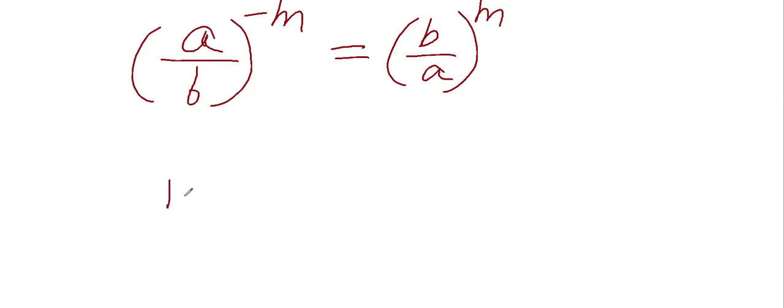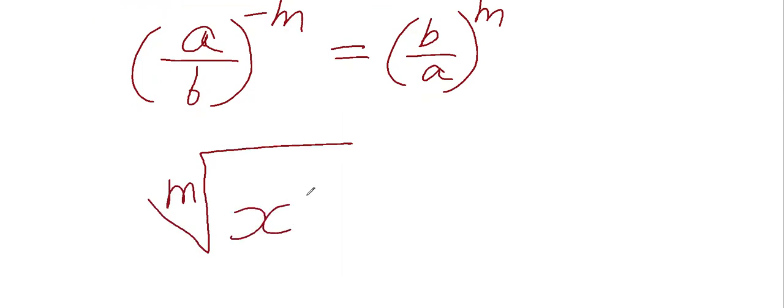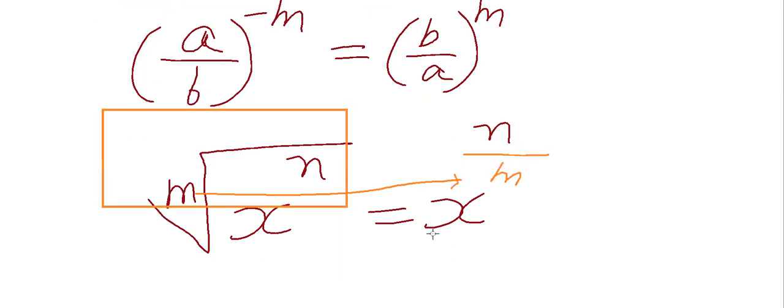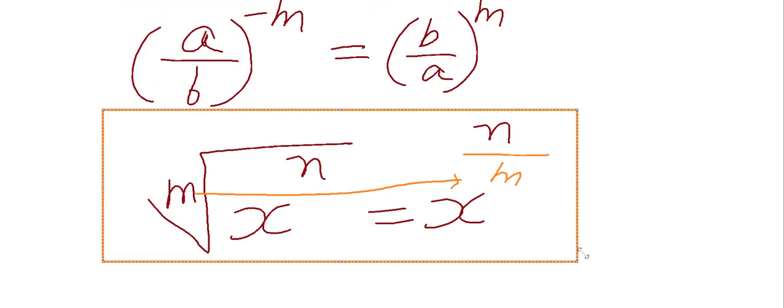What's that? Mth root of x to the power of n is equal to x to the power of n divided by m. This is again most important. Understood this much?